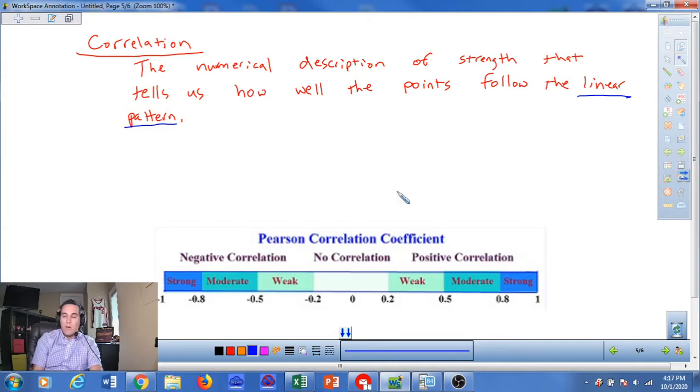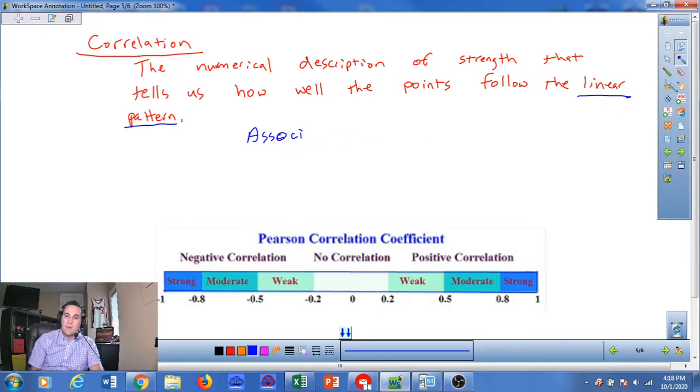People use the word all the time, and the data might not be linear, and they'll still say correlation because people misuse it. It's really common for people to say, those are correlated. Are they linear? And they might not be linear, but they don't know any better. So they use the word correlation. What they should use is, if you don't know if it's linear or curved, use the word association.